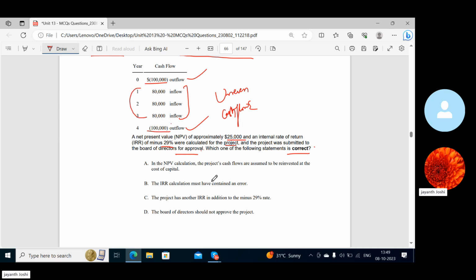So there will be a problem of multiple IRR, correct? Yes. So the project has an IRR in addition to minus 29%. Shall we go forward? Yes. Multiple IRRs when you have uneven cash flows. Okay.